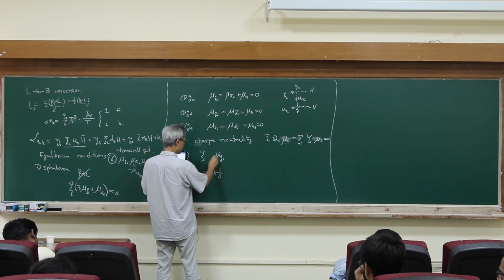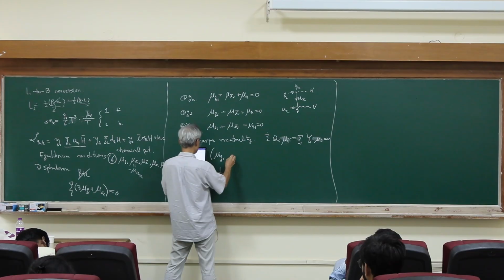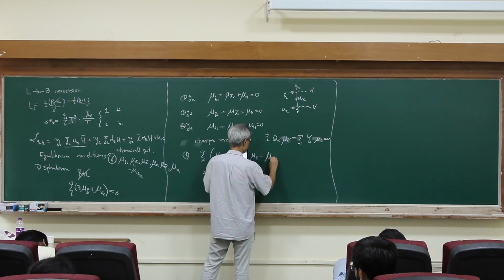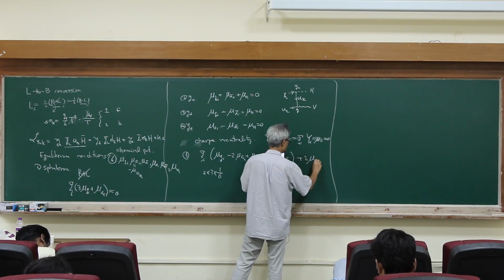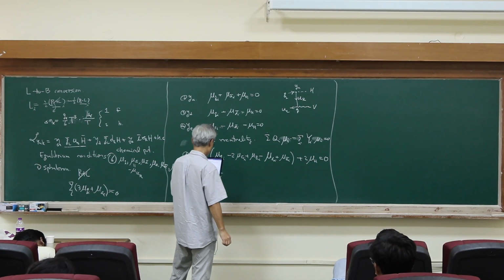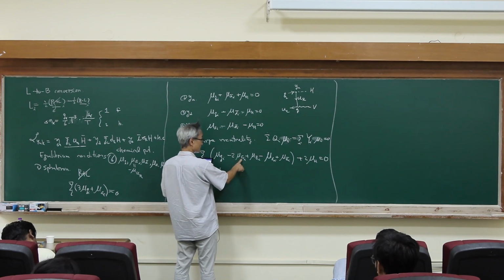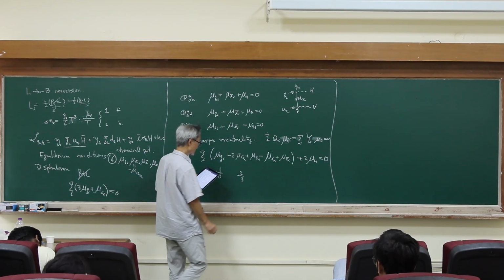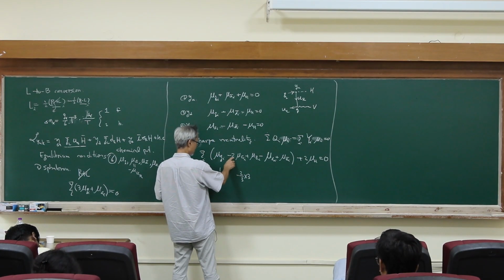So you just write 1, and then 2 mu u bar plus mu d bar, and so on. The hypercharge of u bar is minus 2/3, and we have 3 color degrees, so I pick up minus 2.